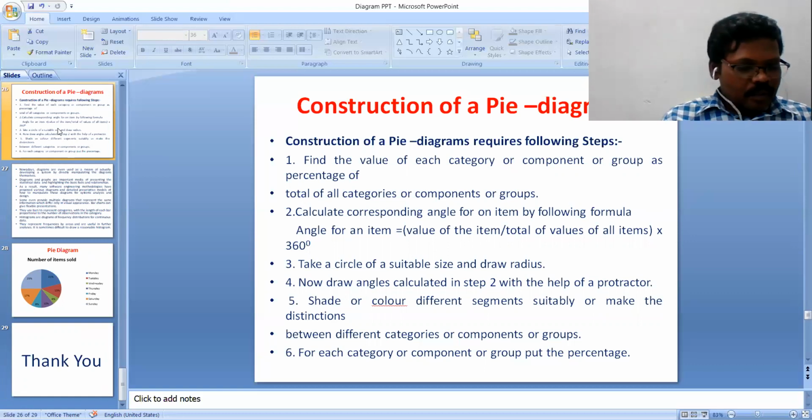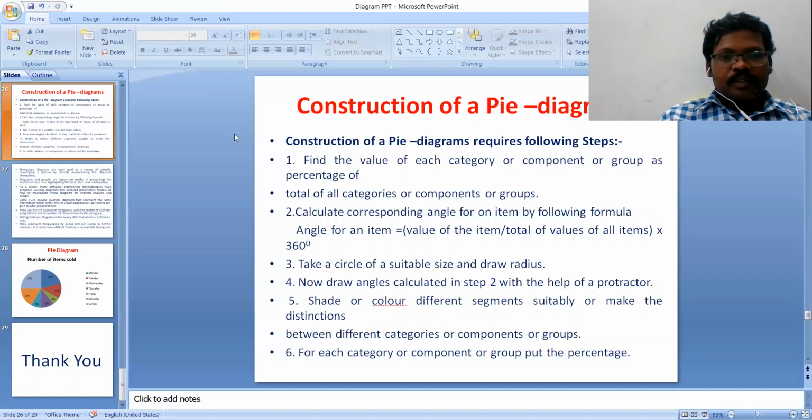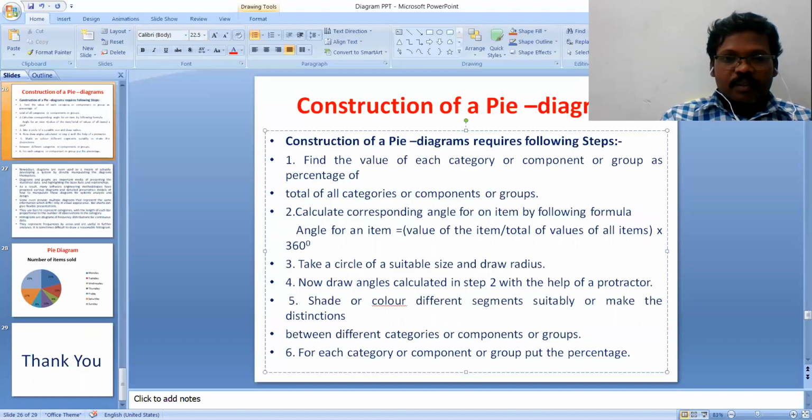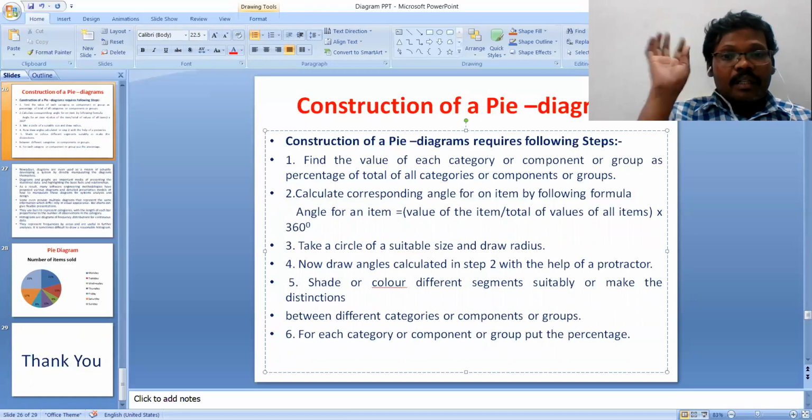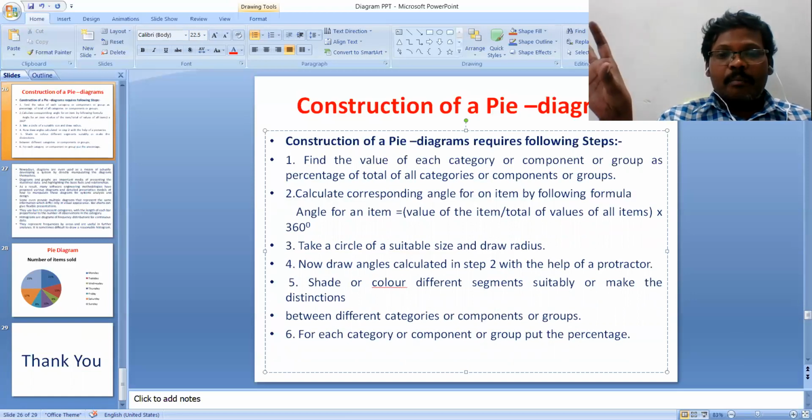First, the total of all categories, components or groups. Before drawing the pie diagram, find the value of each category, component or group as a percentage of the total of all categories, components or groups.